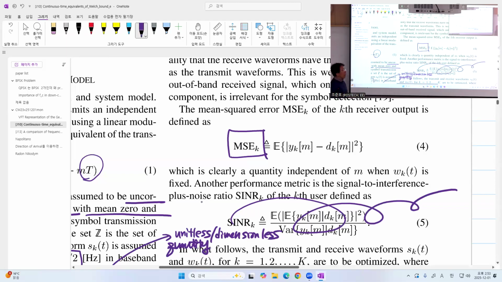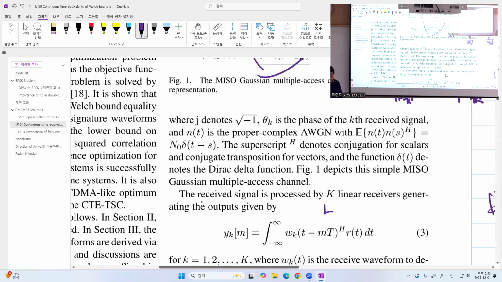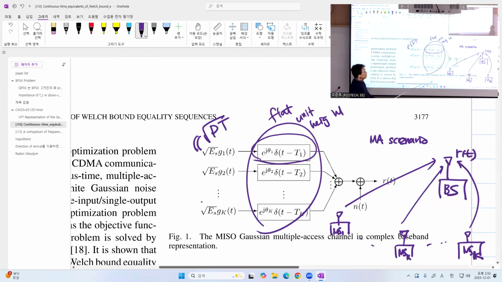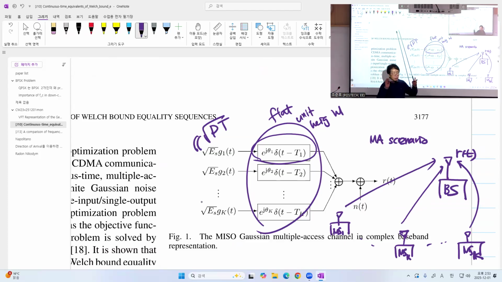The problem is that since we have capital K multiple access user signals, there are capital K performance metrics. So in nature, this is what? This is a multi-criterion optimization problem. And usually, whenever you hear multi-criterion, multi-objective optimization, it's hard to solve.